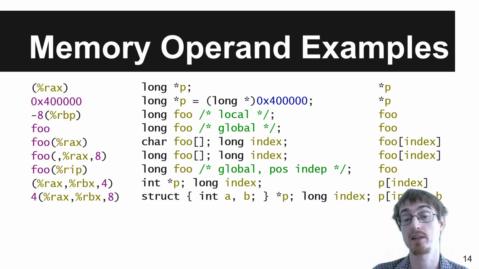So 4 bytes for A plus 4 bytes for B. And then within the struct, we have another offset of 4, which indicates that we're referencing member B, which happens to be at offset 4. So these are typical ways in which the memory operands correspond to what you would see in C.